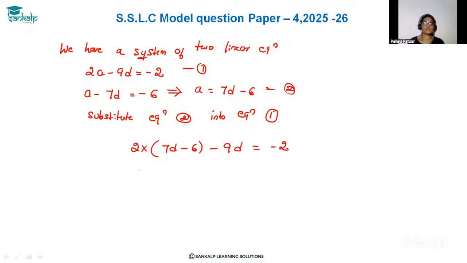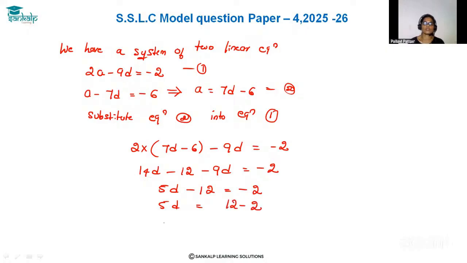So 7 twos are 14D, minus 6 twos are 12, minus 9D is equal to minus 2. So 14D minus 9D is 5D, minus 12 is equal to minus 2. So 5D is equal to 12 minus 2, which is 10. So D is equal to 2.